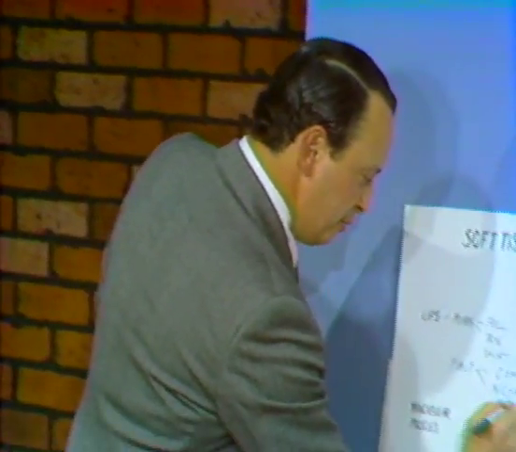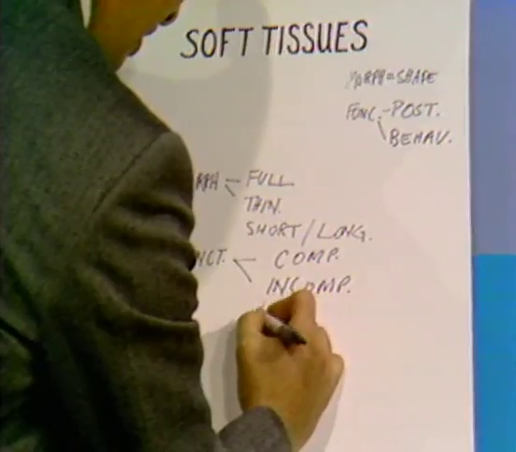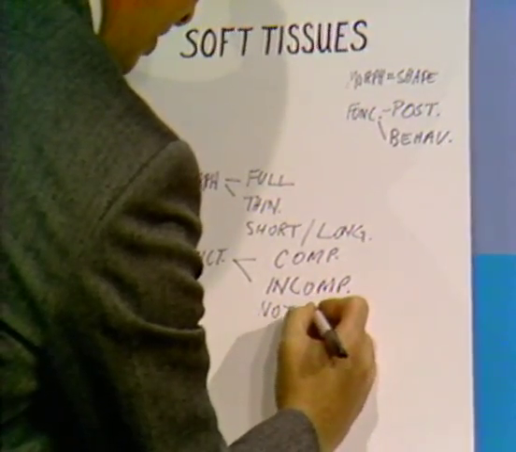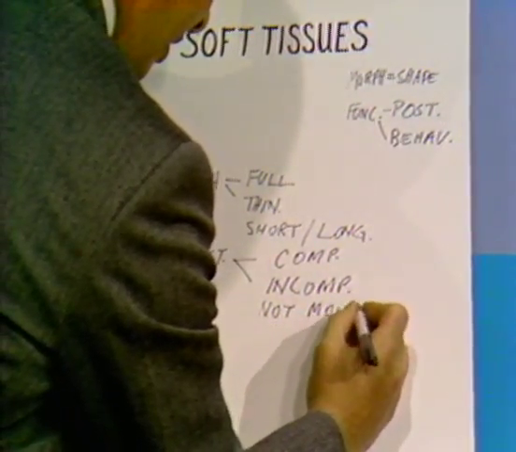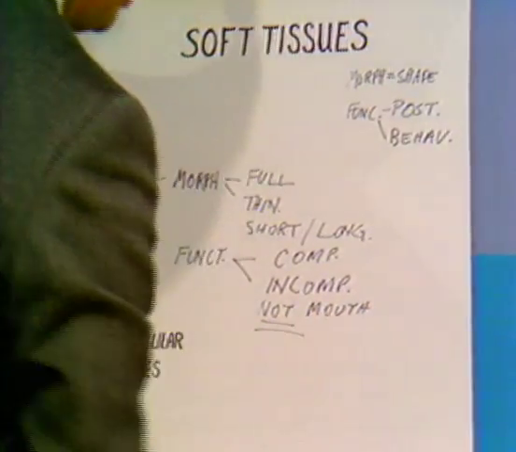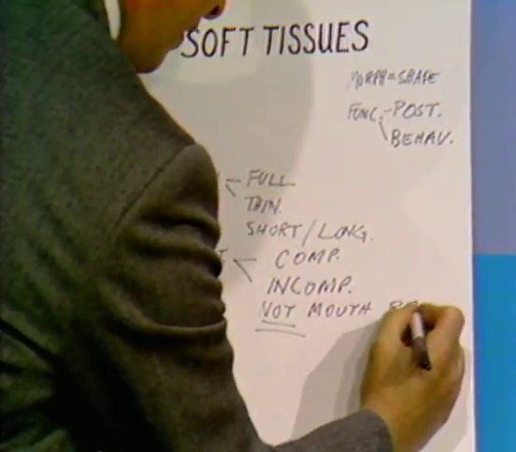This is our belief now, and I just thought that you ought to know that incompetent lip morphology and function is not the same as mouth breathing, not underlined mouth breathing.